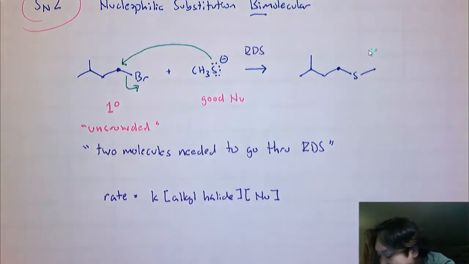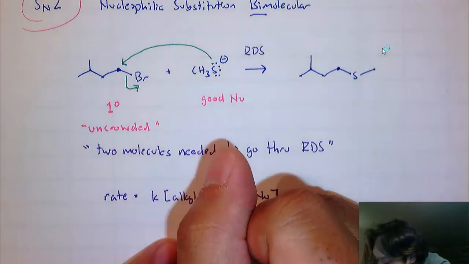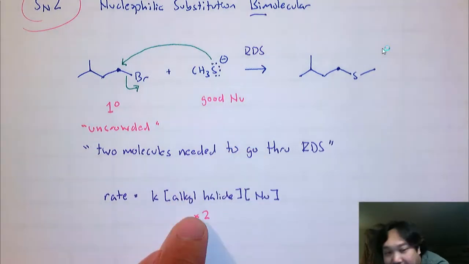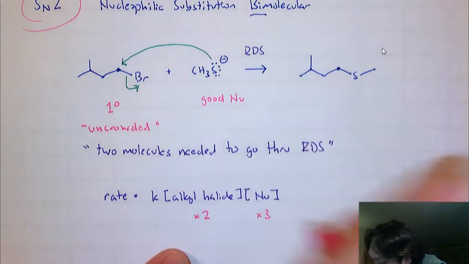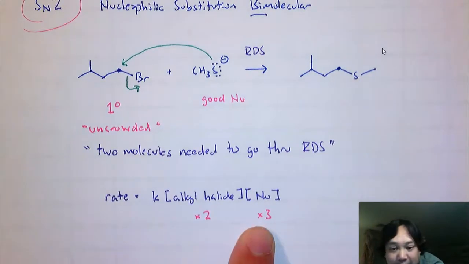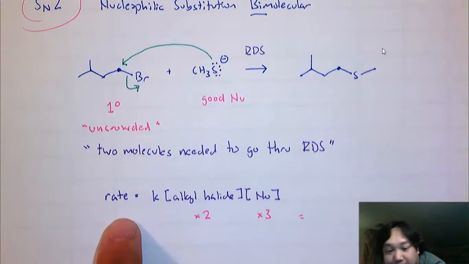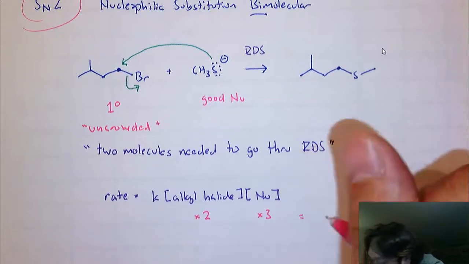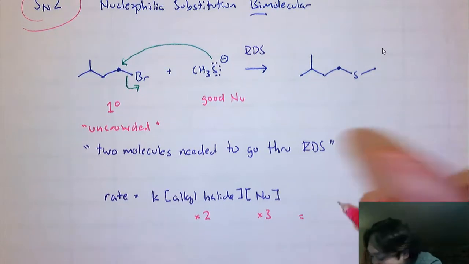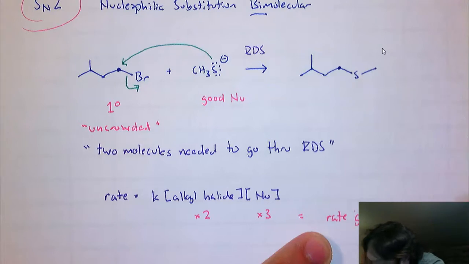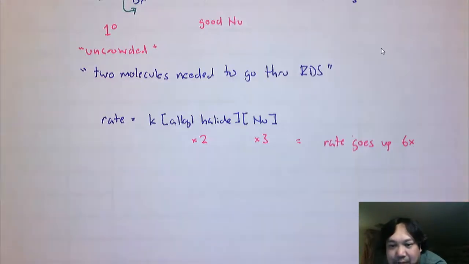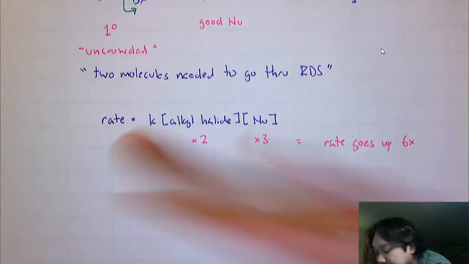Okay. So for instance, if you double the alkyl halide concentration and you, I don't know, triple the nucleophile, what happens to the rate? The rate goes 6 times faster. The rate goes up 6 times. And the way you can think about that is it's a speed.